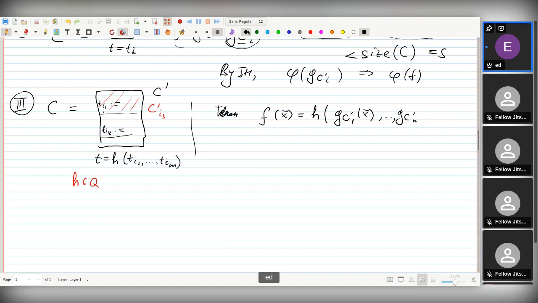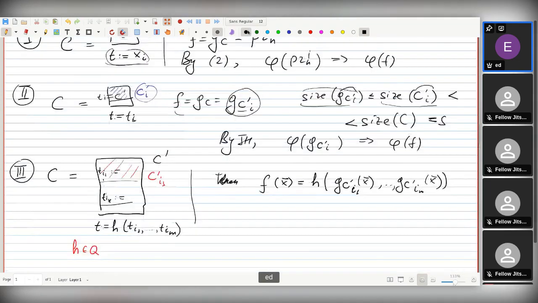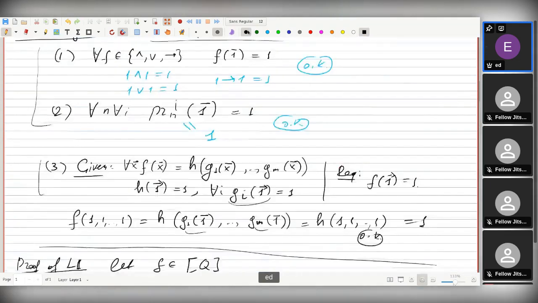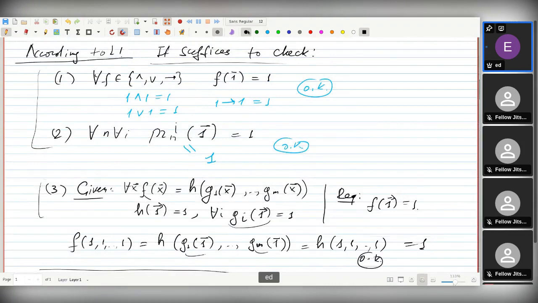Very interesting. Look, it is exactly this situation when a function has been obtained as a superposition.